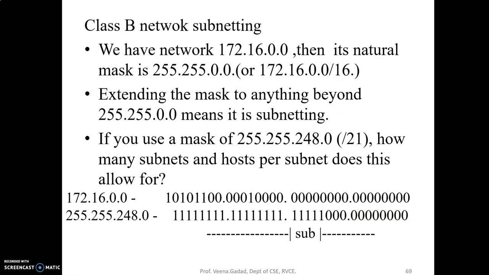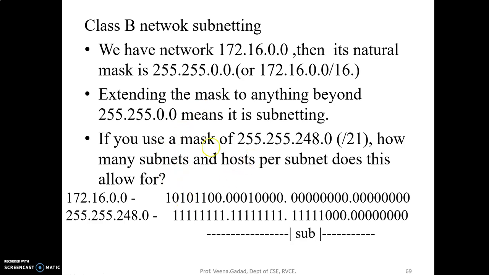However, if your IP address is a class B address, then we have 16 bits to represent the host and 16 bits to represent the network. So here the natural mask is 255.255.0.0 or it is written as /16. So any extension into the host part is nothing but creating subnetworks, right?